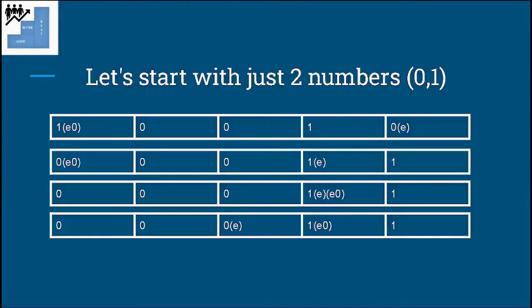In the original question, we have 3 numbers, but let's start with just 2 numbers, right? So if there are just 2 numbers, we need just one marker that can serve as a boundary between the 2 numbers, right?